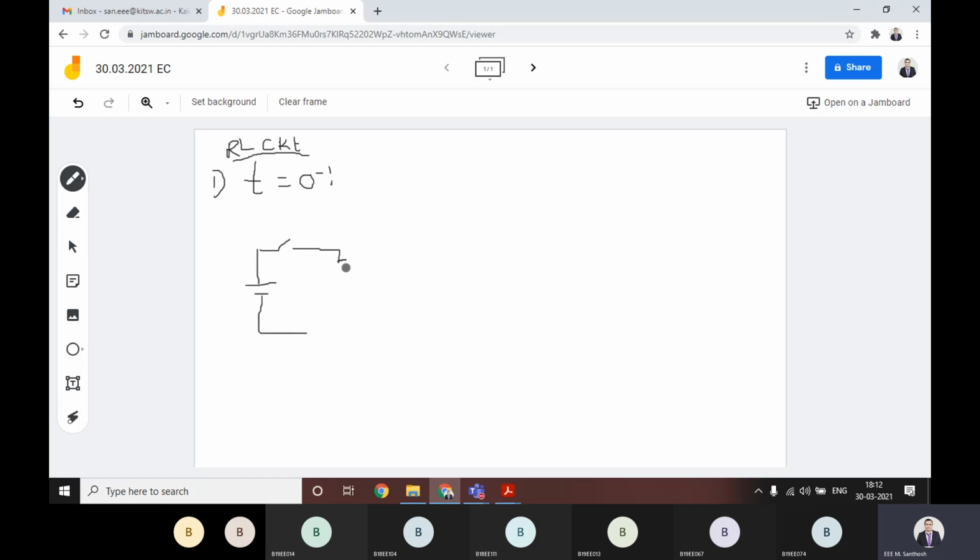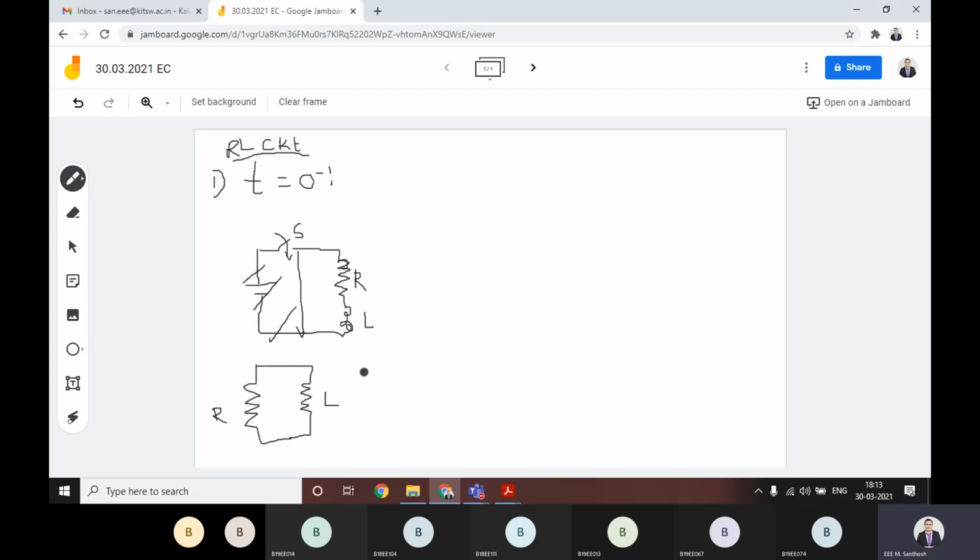Whenever you have R and L, that is resistance and inductance, connected in series, this switch whatever you are operating will be shorted like this. That means there is no source, so your circuit will be a simple combination of R and L. You know this. This is what we discussed in the previous class, right?